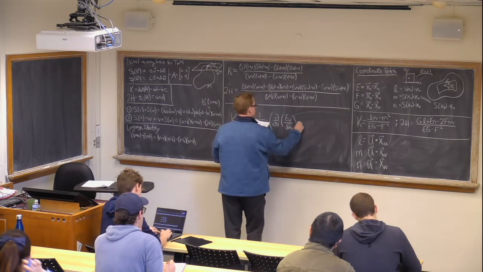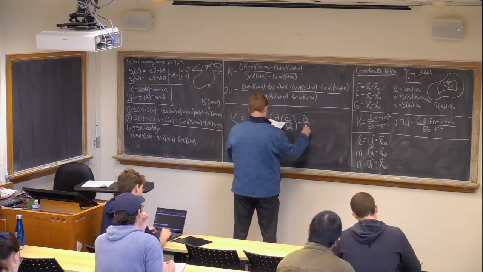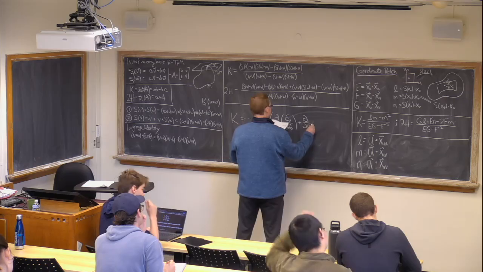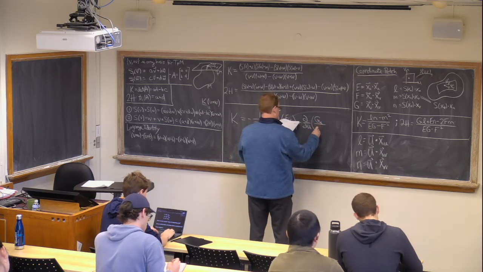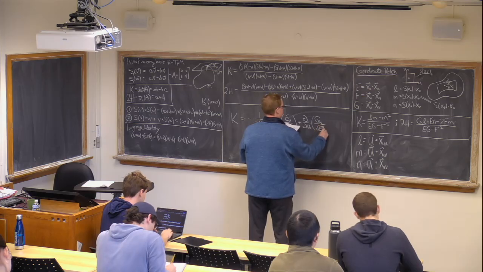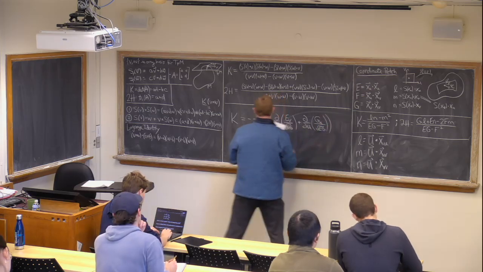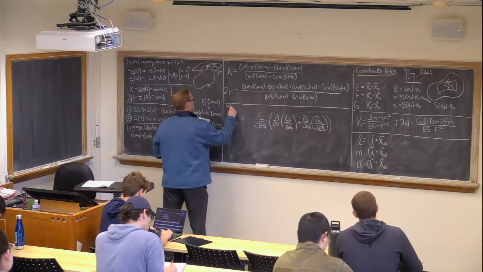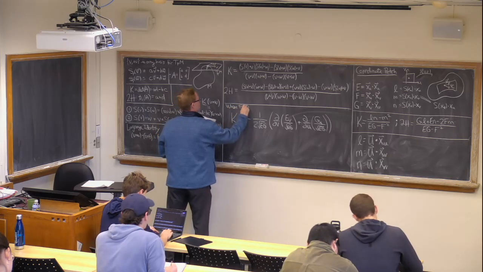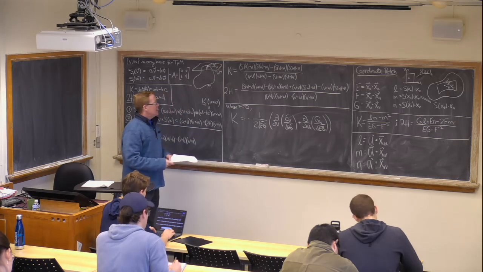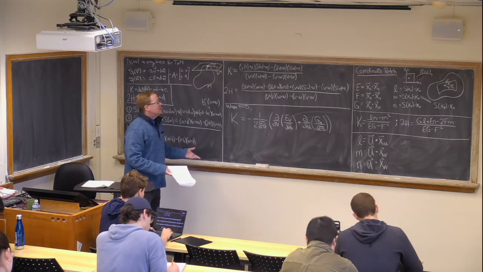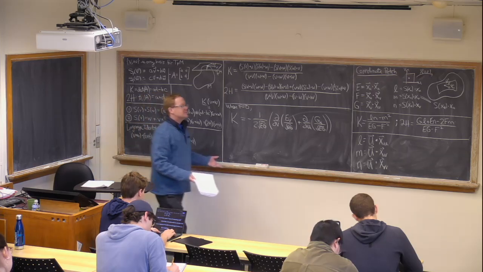The formula is actually a little more complicated than this, but if you suppose F is 0, the formula simplifies to what I'm writing down here. This is the abridged version; there's a more general version where F is not equal to 0. That tells you that you can compute K just in terms of E, F, and G.